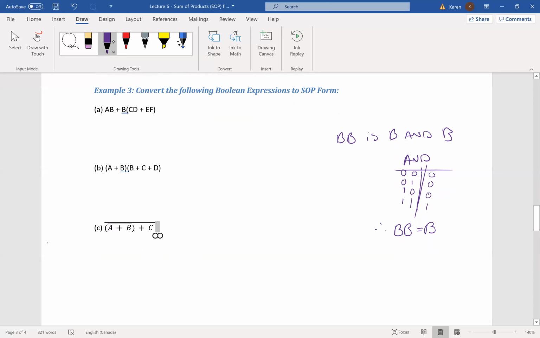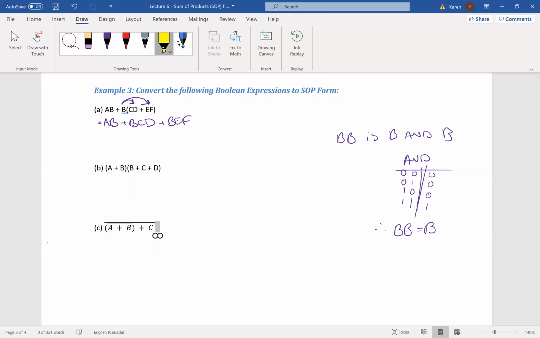So let's do that. Here, I notice that this looks like sum of products form, but over here, this is not in sum of products form. But all I would have to do is expand this. So what I'm doing is just expanding across the brackets, keeping it in alphabetical order.